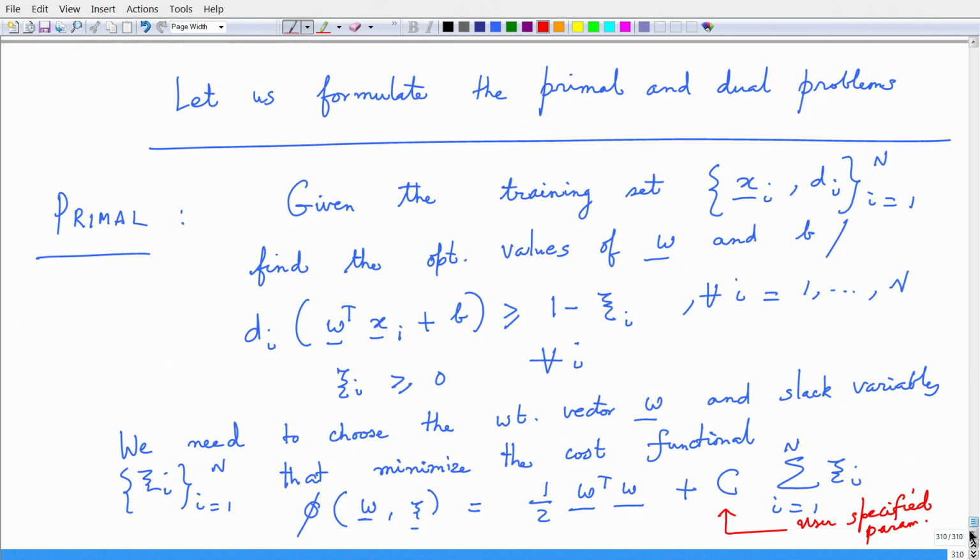So, going by the same way that we took the derivative and then solved for these conditions.